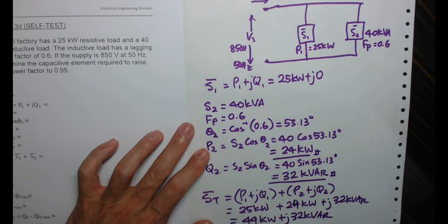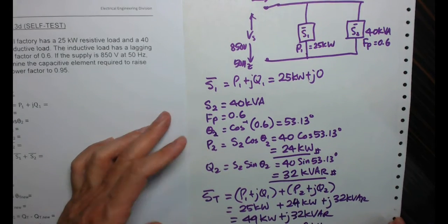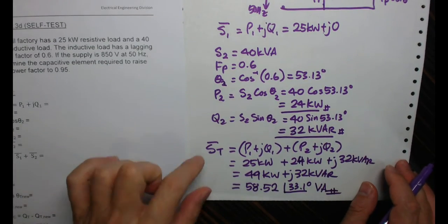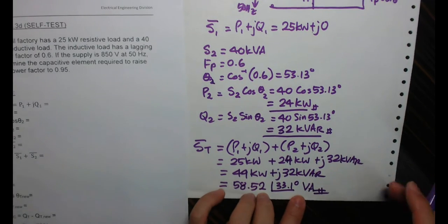Convert that to polar form, that's 58.52 angle of 33.1 degrees kVA. Alright, so that's the overall power with an angle of 33.1.